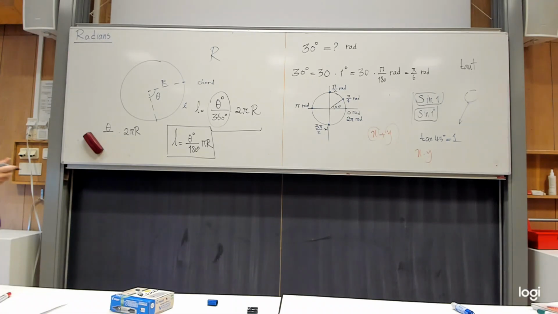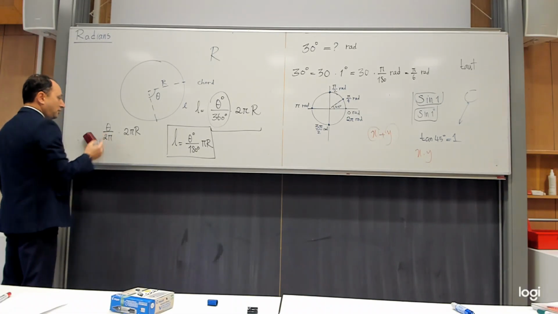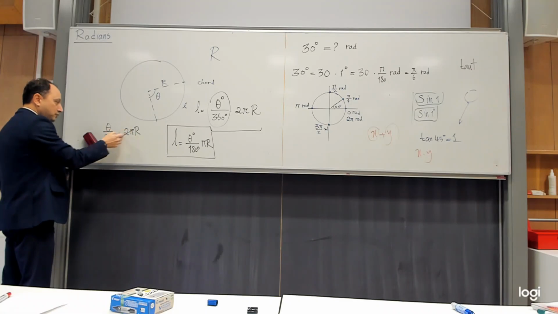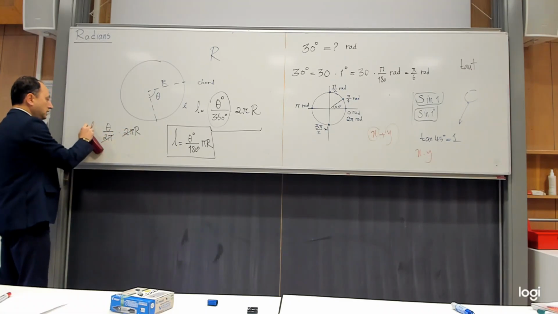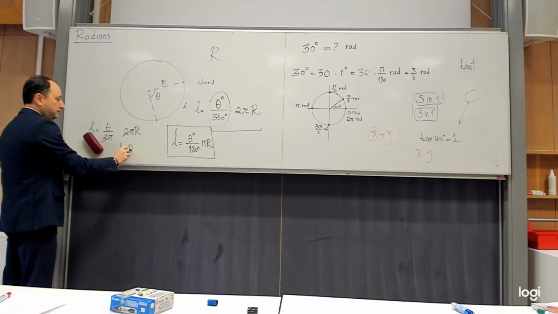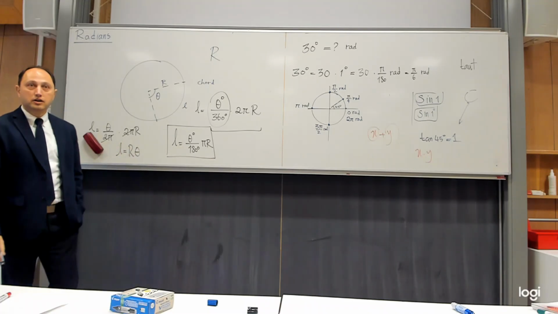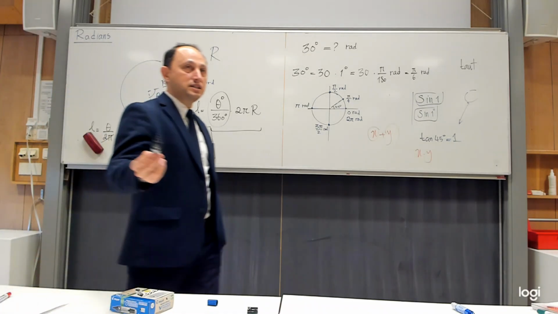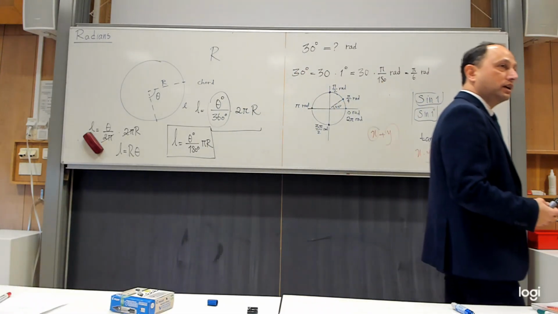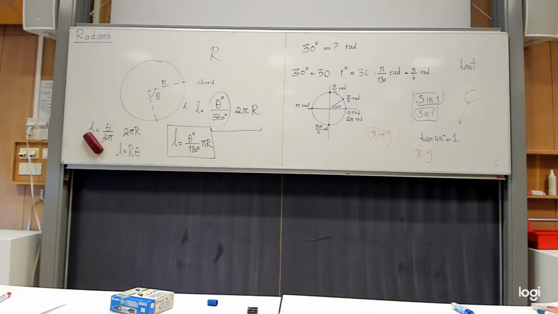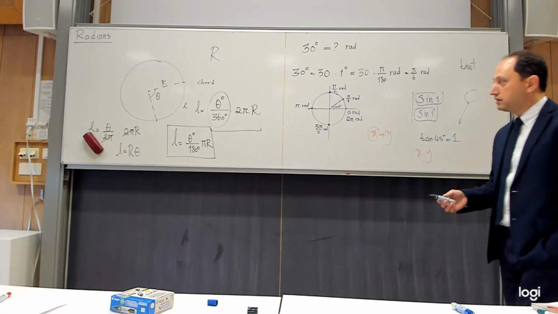Yes, 2 pi. And now the interesting thing is that this one and that one are gone. What you get is just the simple formula that you have in physics: L is r theta. So in physics, you are automatically always working in radians, even if they don't mention it. That is for radians.